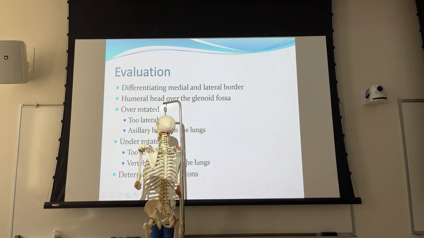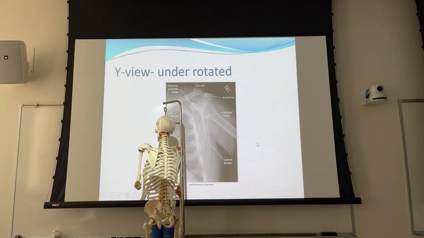Okay, so we talked about dislocations and all that. So we have under rotation. I mean, we're getting close to an AP there. So I can't tell if that's an under rotated Y view or a rotated AP. But we've got the vertebral border, which is the axillary border, which is your lateral border.